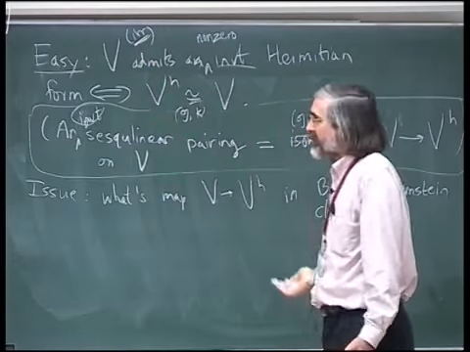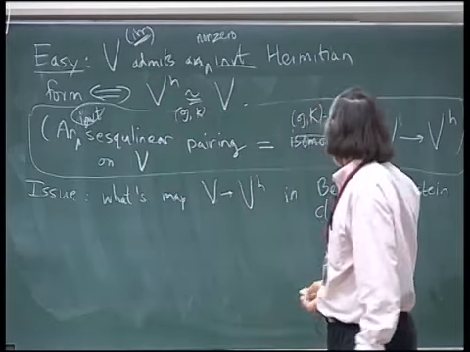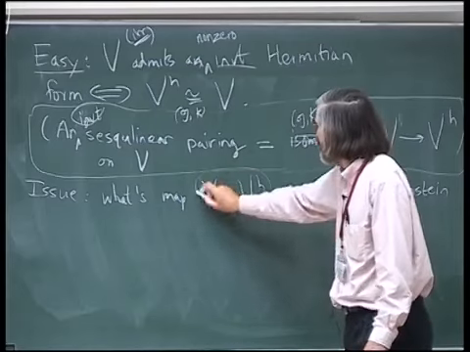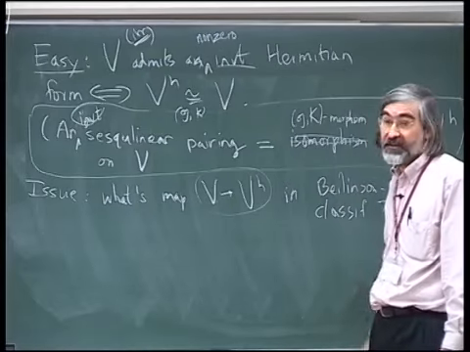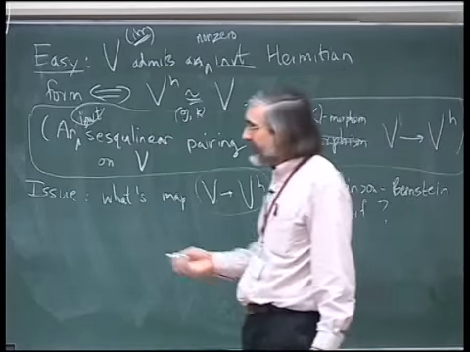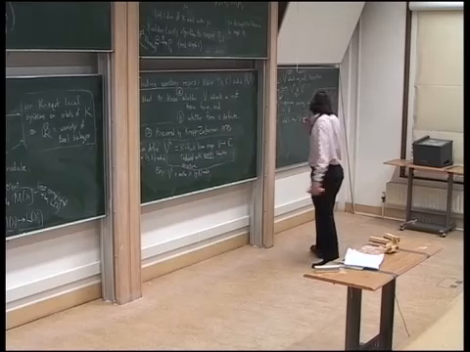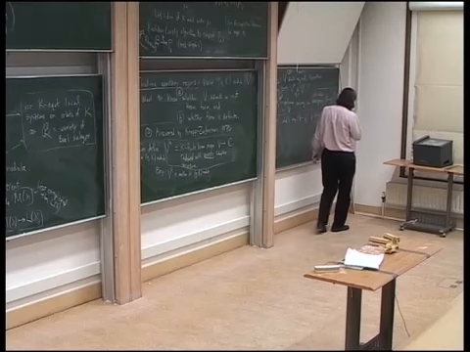So in order to tell which modules have Hermitian forms, we just have to figure out what this involution is on irreducible representations. And that's not very hard.